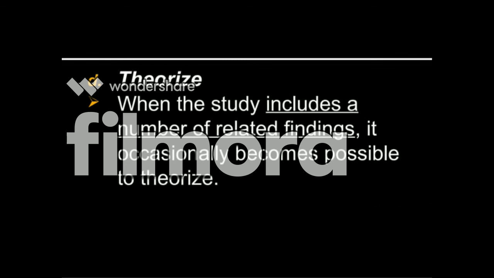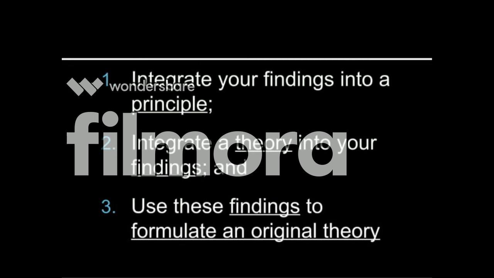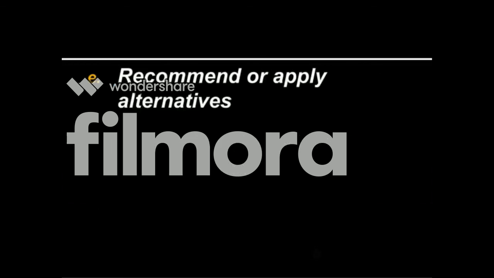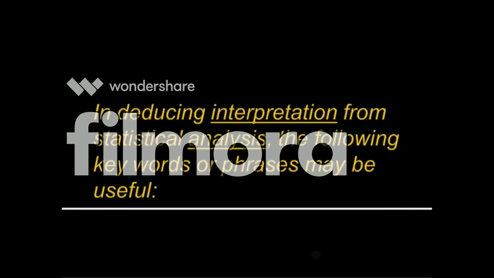And then we theorize. When the study includes a number of related findings, it occasionally becomes possible to theorize. Remember, we integrate our findings into a principle, we integrate a theory into our findings, and we use these findings to formulate an original theory. And the last one is we recommend or apply alternatives.